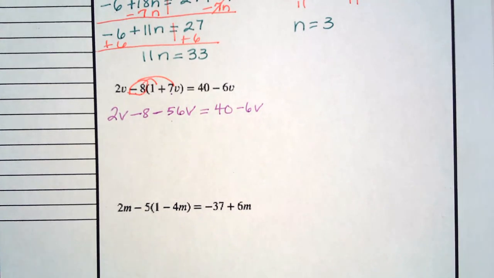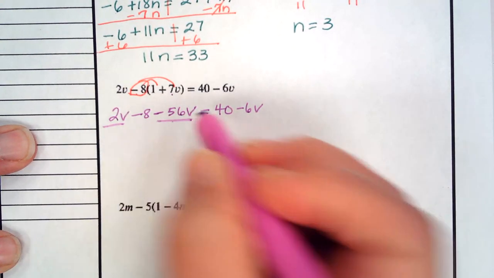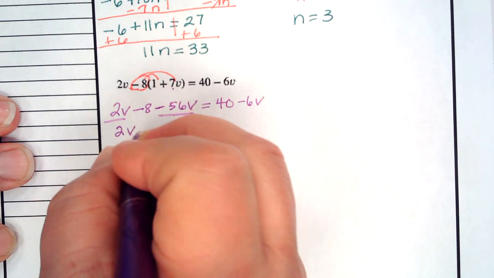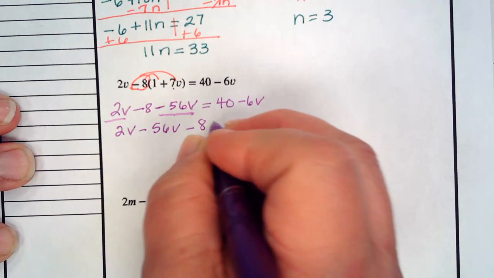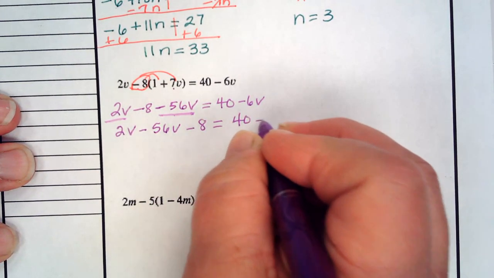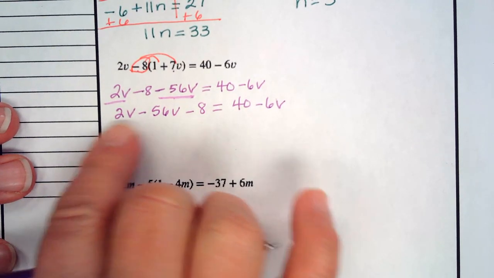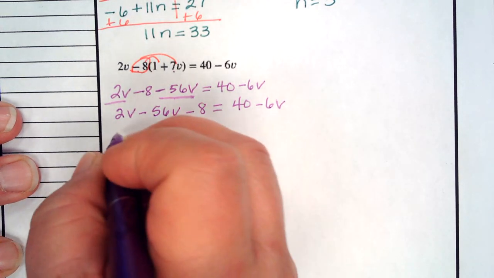Do I have stuff that I need to combine? Yeah, I've got 2v and I've got negative 56v. 2v minus 56v minus 8 is equal to 40 minus 6v. Okay, 2v minus 56v, those are the like terms.